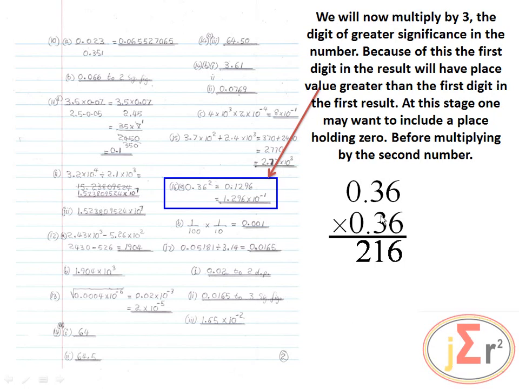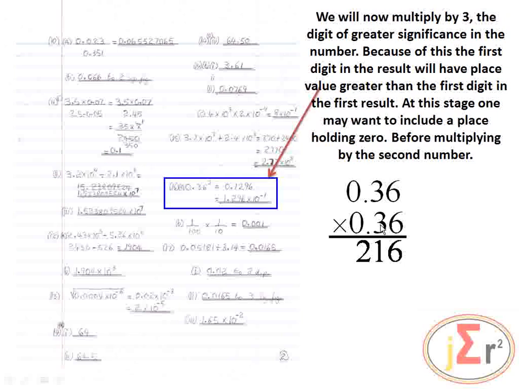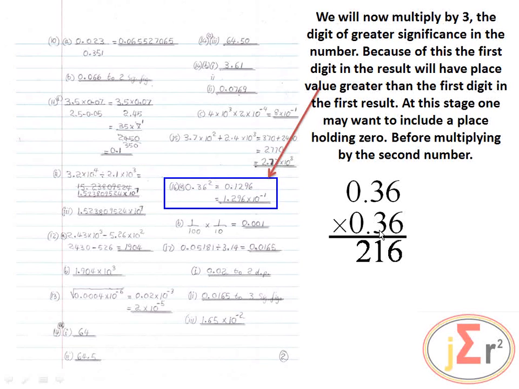3 is the digit higher in significance than the 6. So when we multiply by this 3, the answer will begin in the position that is greater in significance than the first position that we use here. So the first position is 6, because this one is greater in significance.